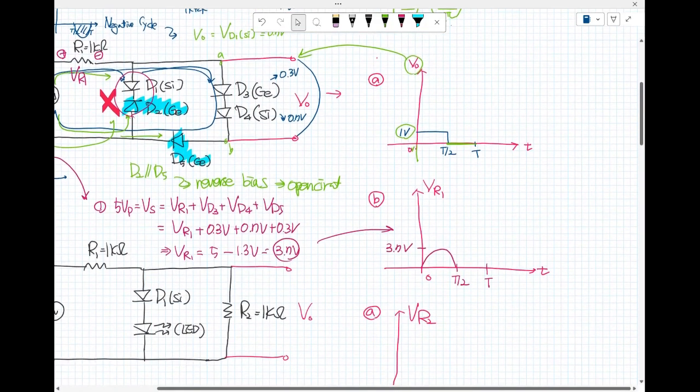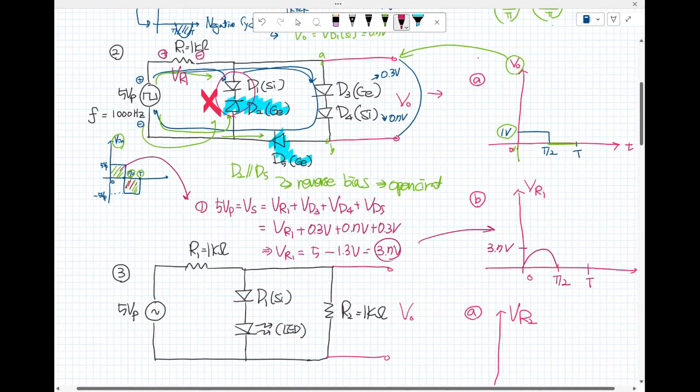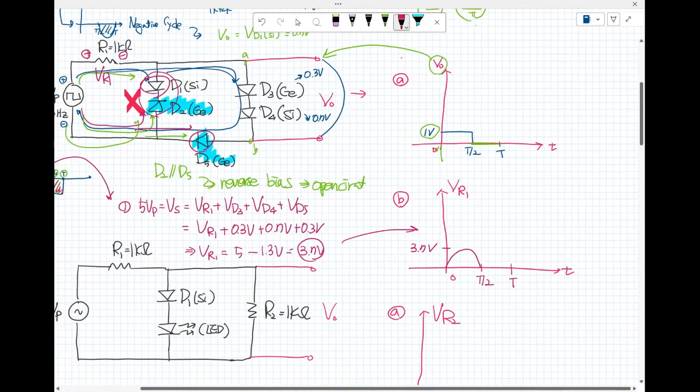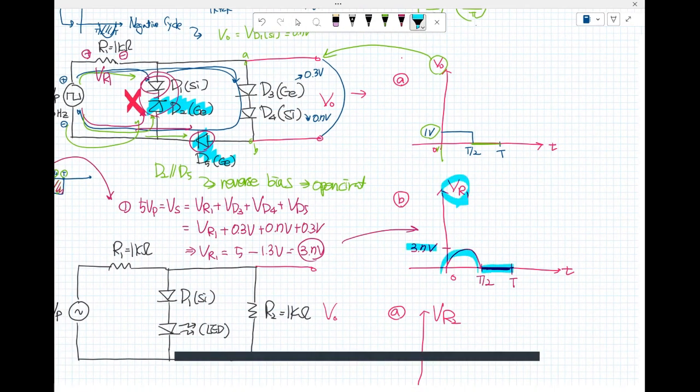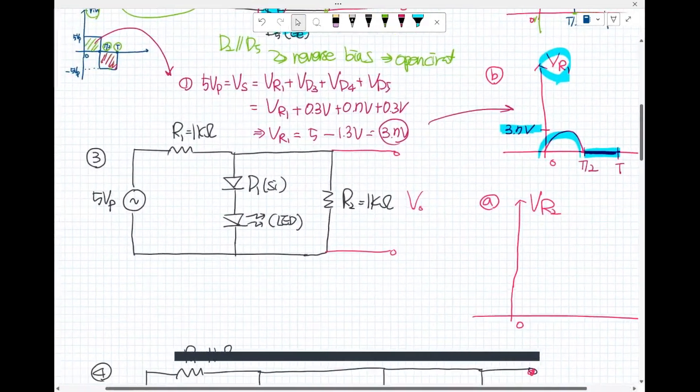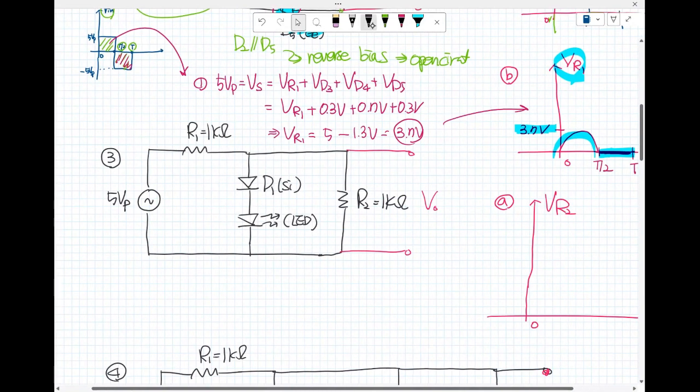So how about this one? The reverse, the negative cycle of the input voltage. The reverse means 0, 0. Okay, so that was the answer, like this one. Still have questions? Stop by my office. I'm going to help you. Okay.